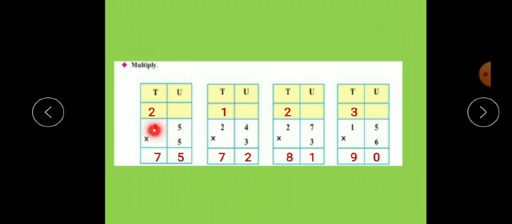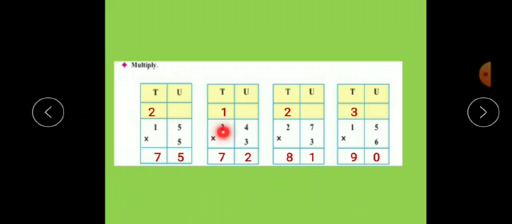See this one, 15 multiplied by 5. Again recite the table of 5, 5 times. 5 fives are 25. So 5 here, 2 is carrying over to the next place. After that 5 ones are 5 and 5 plus this 2, we get 7. Answer is 75.